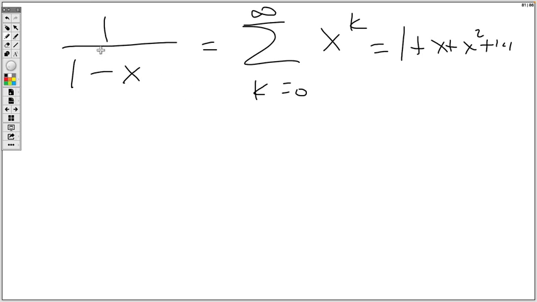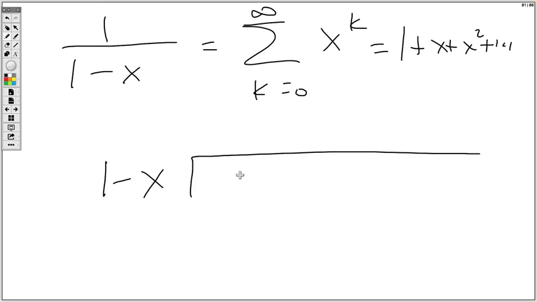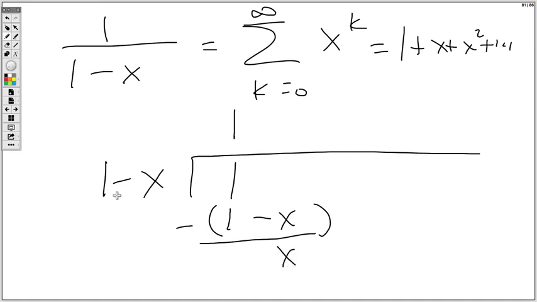So you can actually get this by doing long division. You ready for this? What times 1 gives you 1? 1. What's 1 times 1 minus x? Now we subtract. I get x. What times 1 gives you x?